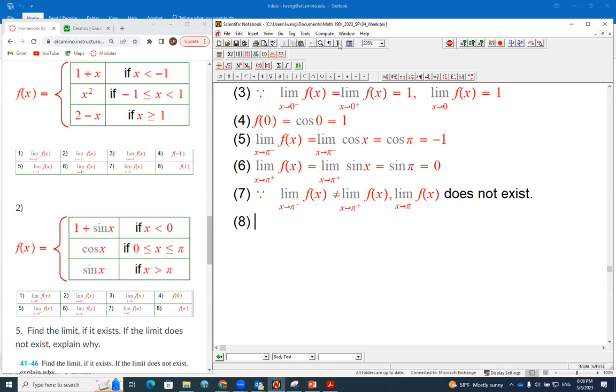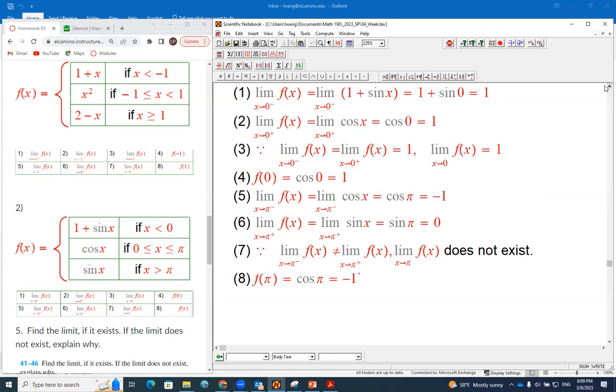Okay. Now, f of pi. Last question. What is f of pi? Well, when x equals pi, we use the second rule, cosine pi. Cosine pi equals -1. You're finished. So 1, 2, 3, 4, 5, 6, 7, 8.